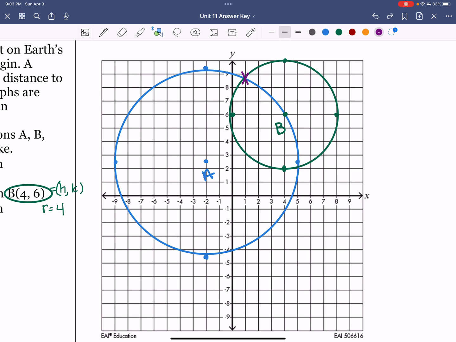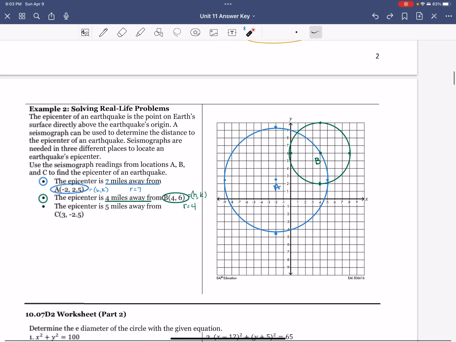Those are my 2 points of intersection right now. And so right now, I have to be careful on my next graph to figure out where that is going to cross. And this is why we need 3, because right now it's telling me I have 2 possible epicenters, and I can't have that in an earthquake. I have to have 1 single epicenter, which is why they have you create 3 different graphs.